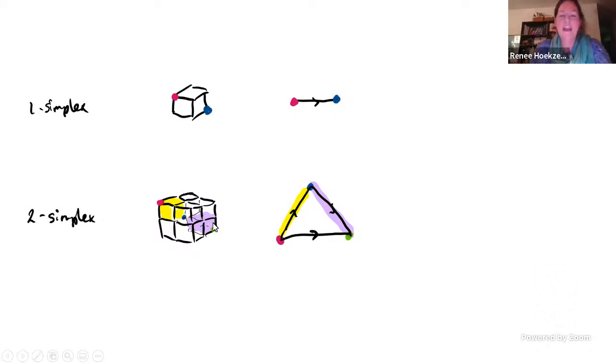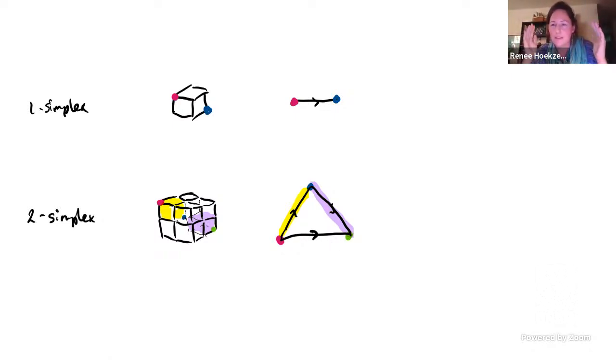Okay. So I have to think about it as a two simplex in the following way. One edge is the one simplex, that's this first cube. One edge is the purple cube, and the whole cube, if I look at it as a composite, I just think of the furthest away vertices. Then that's the composite of these two cubes. Okay.